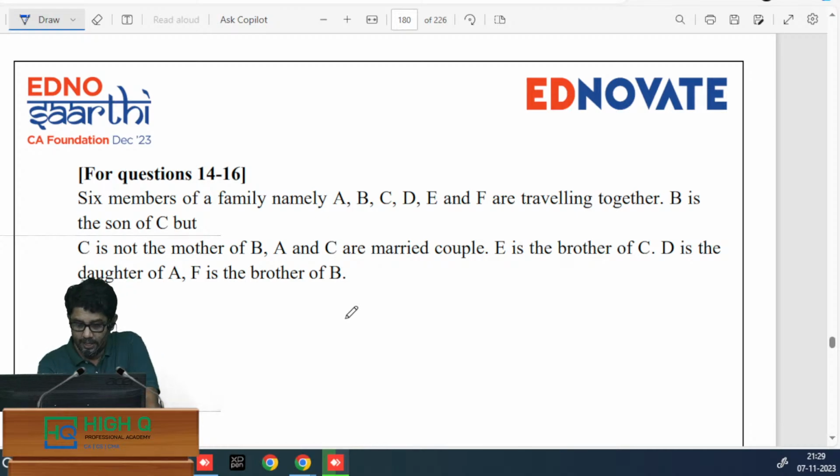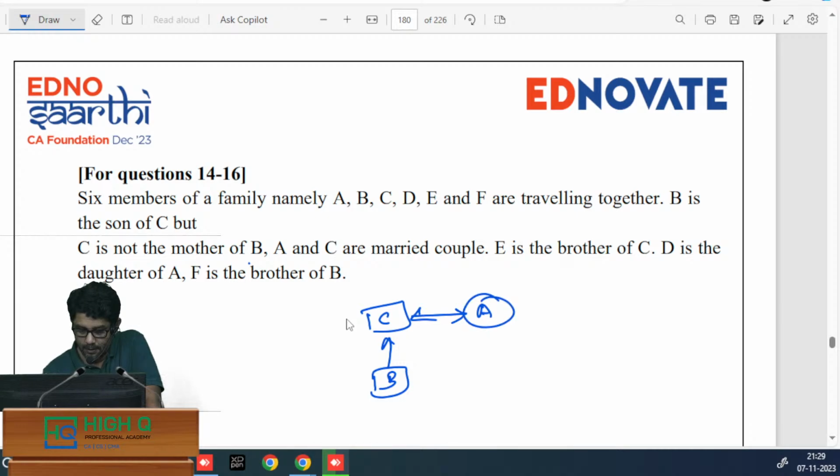B is the son of C. But C is not mother. So therefore C is father. A and C are married couple. E is the brother of C. D is the daughter of A. F is brother of B. I think they are brothers only.